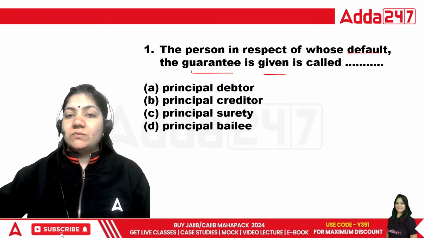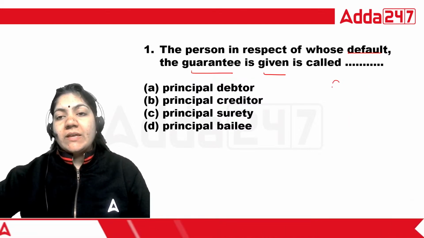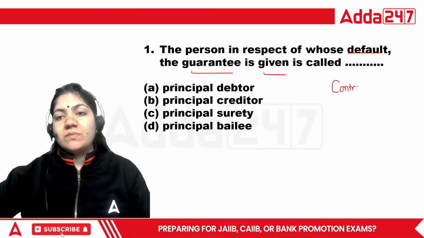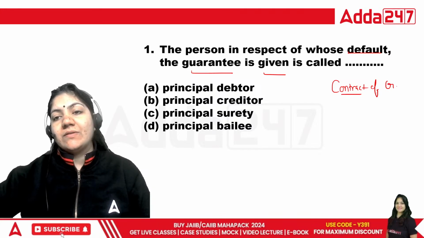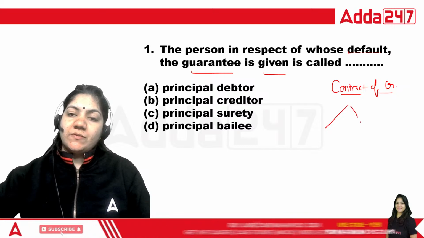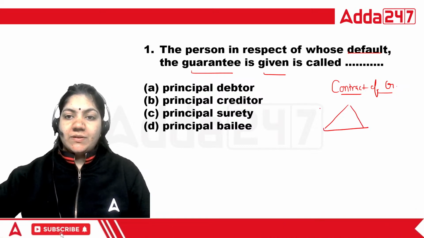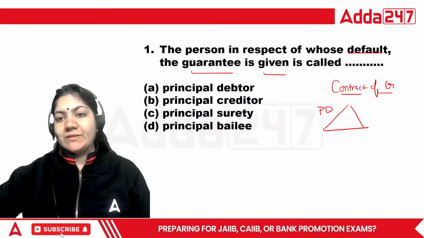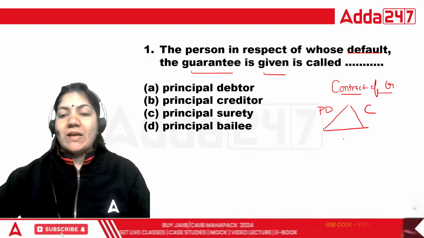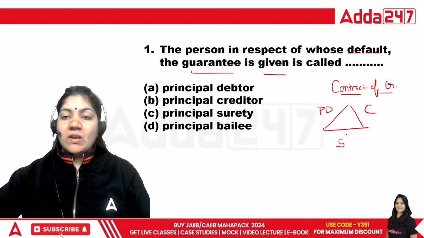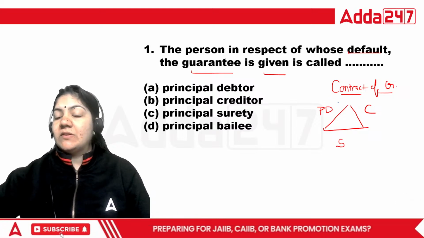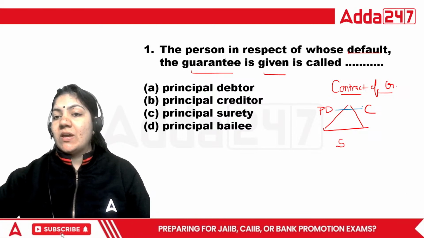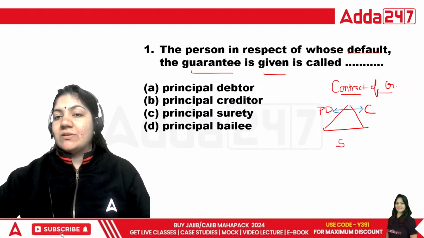So first of all, this question is from the contract of guarantee, right? In which three parties are there: principal debtor, creditor, and surety. So in the contract of guarantee, three contracts are done. The first is between principal debtor and creditor.